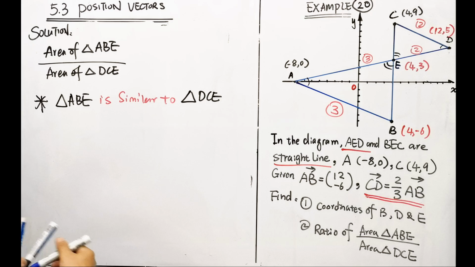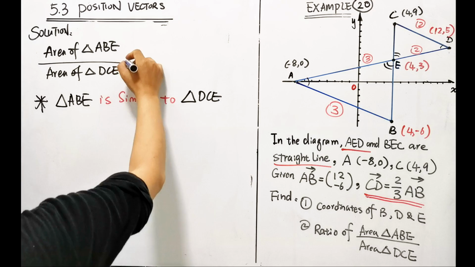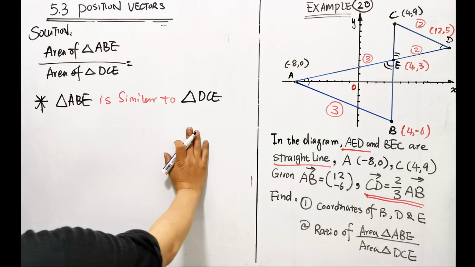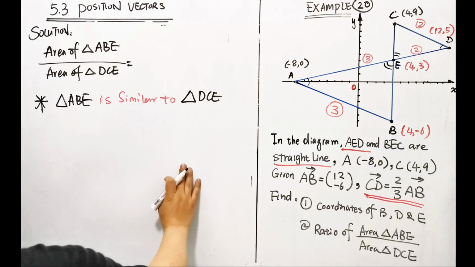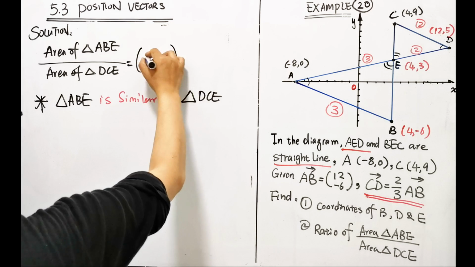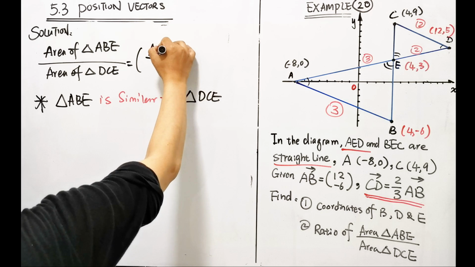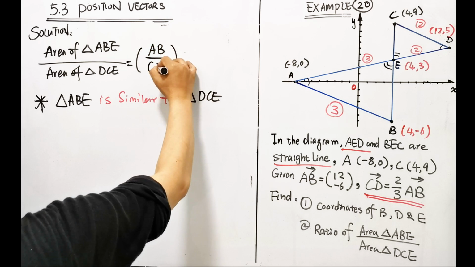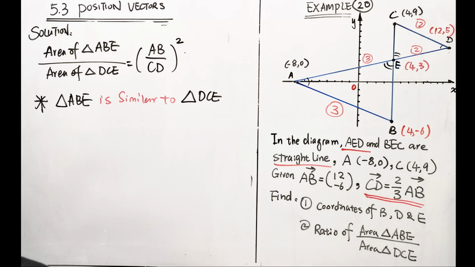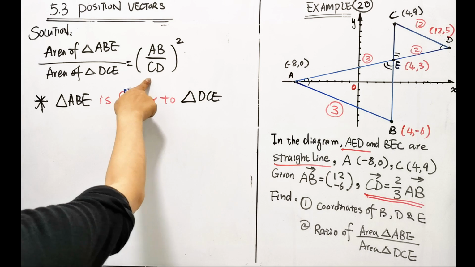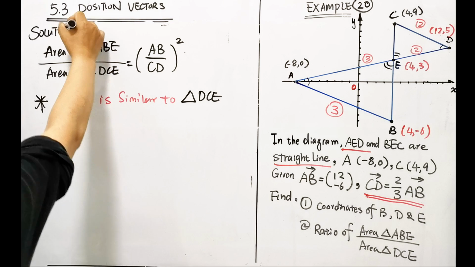So if this is the case, so let's work out. Since these two are similar, so just find out one line in between. So we can use the relationship AB over the CD, the square. Okay, the square of these two. In terms of ratio of the area of similar triangles, we can use this formula. Okay, so just recall this formula.